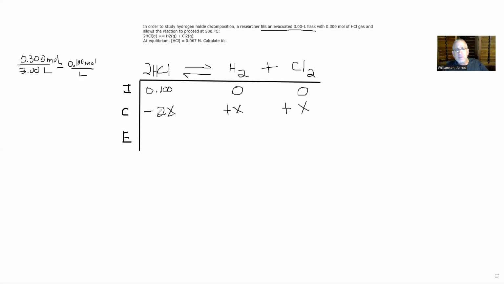It's a minus 2x because we started with 0.1 molarity here, nothing here, so it has to be decomposing. If it is decomposing, that means it's a minus sign. And then at equilibrium, this is measured to be 0.067 molarity. This will be x, and this will be x.